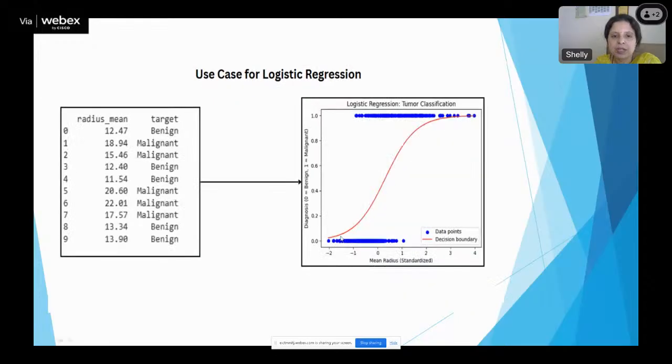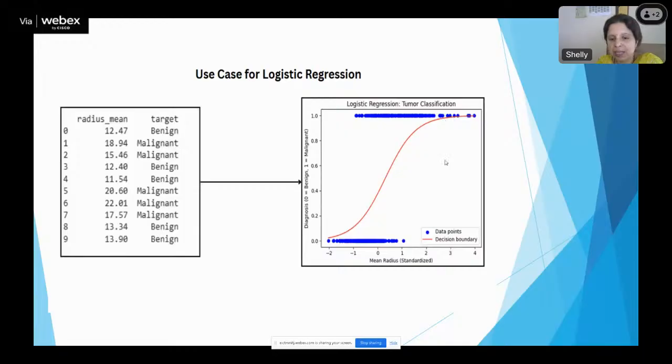In logistic regression, you simply have two target values. One target value is benign and the other is malignant. So you decide a threshold here. The target can be a diagnosis: you diagnose it either as benign or as malignant, because the data set we are considering in this case is a breast cancer data set.